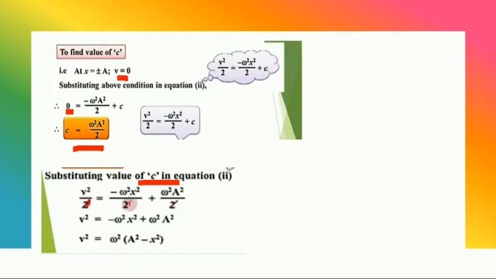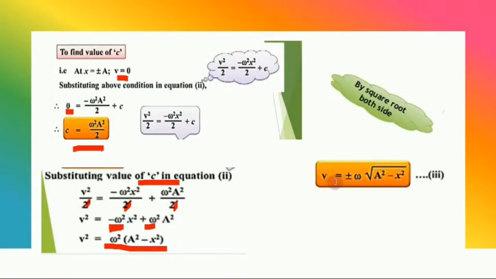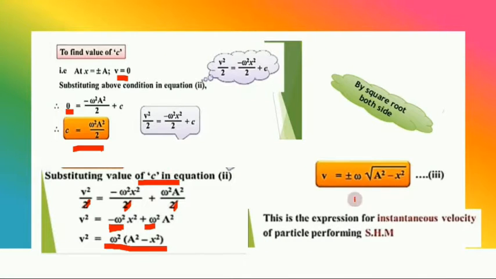Now these two 2s are cancelled and we are left with v square is equal to omega square into a square minus x square. From this equation we get v is equal to plus minus omega under root a square minus x square. So this is the expression for the instantaneous velocity of a particle performing simple harmonic motion.